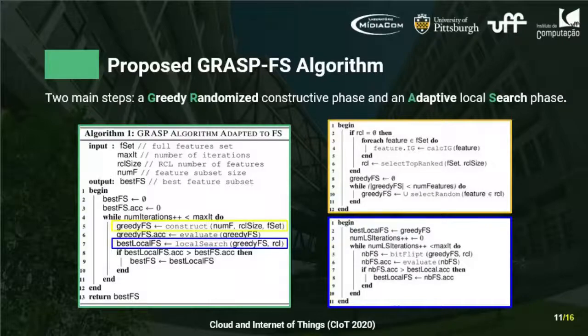This improvement is based on small movements such as replacing features between the RCL and the current solution. After a predefined number of iterations in the local search phase, we will compute the best local feature subset and compare it with the previously generated solution. For each GRASP iteration in the green box, we will save the best feature subset as a result. When we achieve the number of iterations, we will output the best feature subset as the output of the GRASP algorithm.